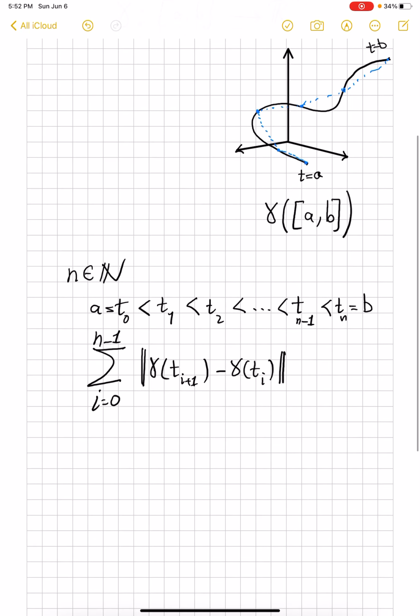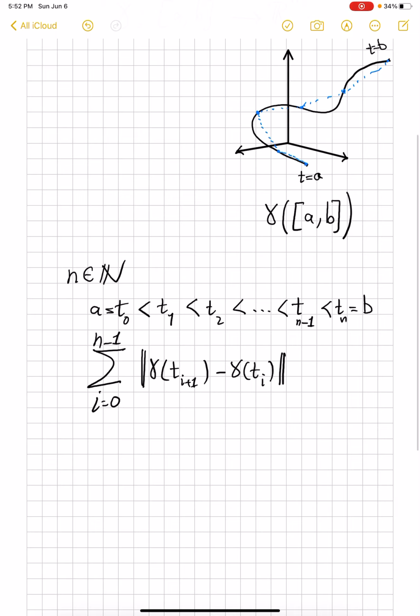Now, as I said, you have to use more and more nodes, and also look at all possible ways of placing these nodes. So you take a huge supremum over all such summations.